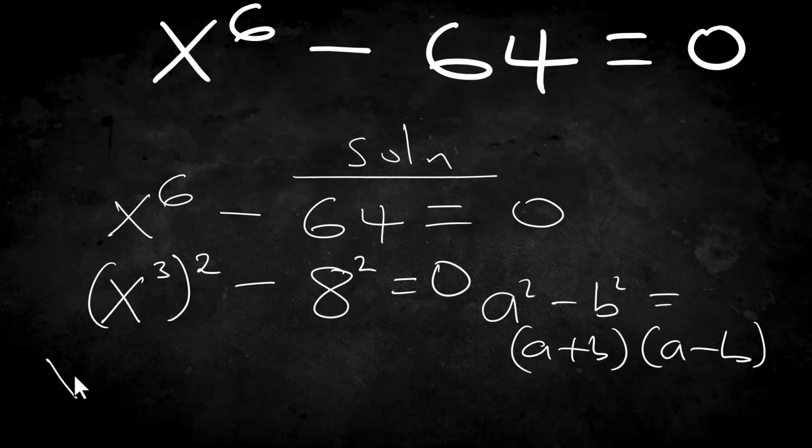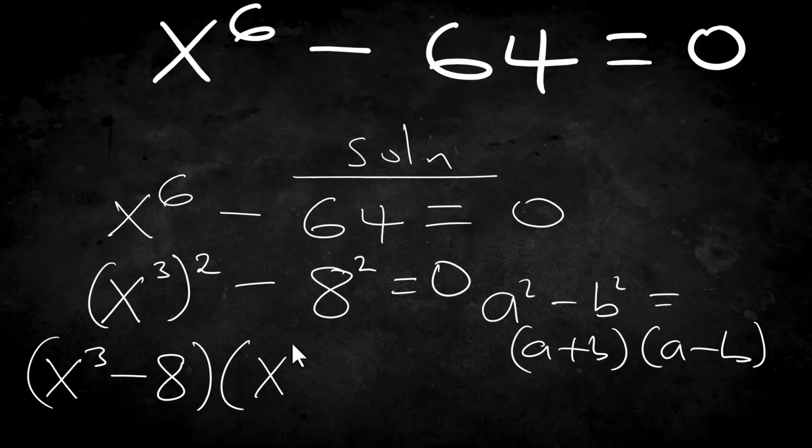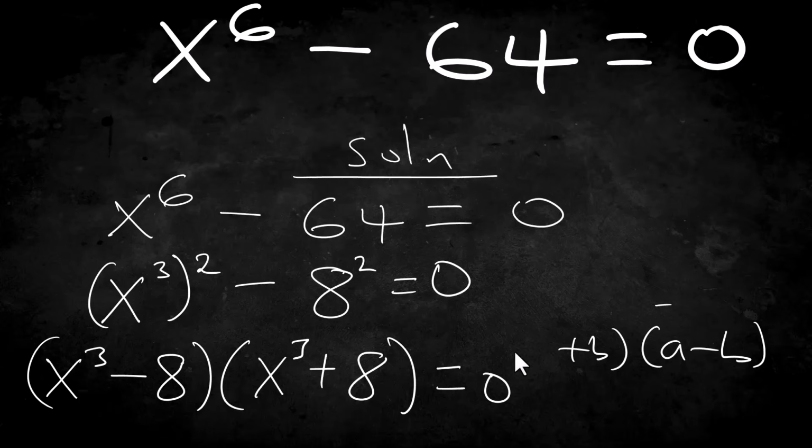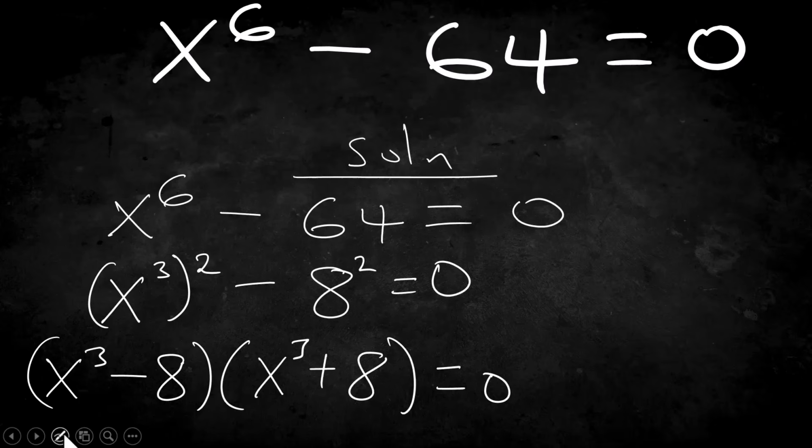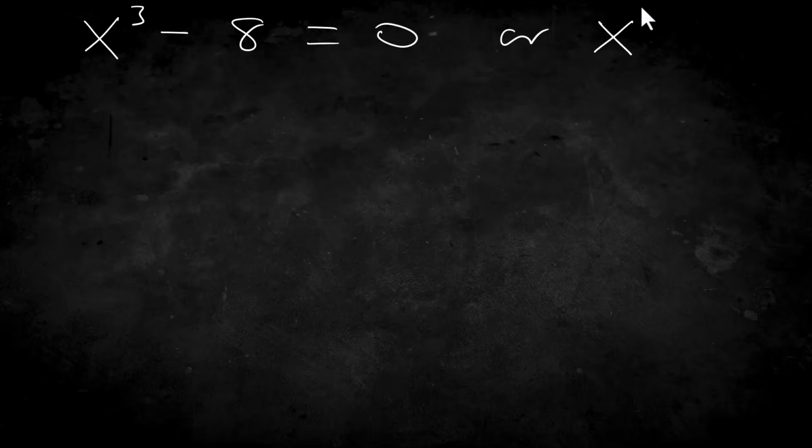So we have (x cubed minus 8)(x cubed plus 8) equals 0. Now, with the zero product, we have x cubed minus 8 equals 0, or x cubed plus 8 equals 0.